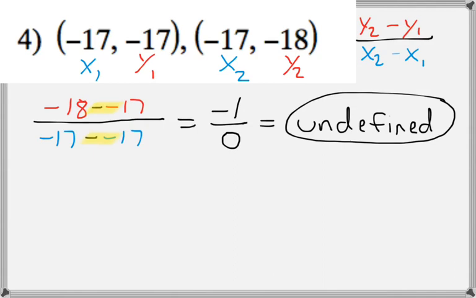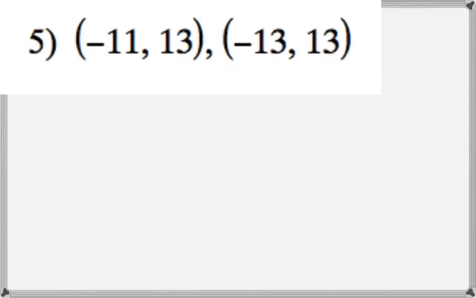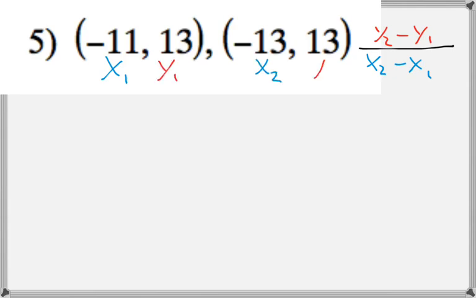Let's look at one last example. We want to find the slope between these 2 points. Following the same steps, we're still going to take our y2 minus our y1, and we're going to divide all of that with our x2 minus x1. Label our points. Here is x1, here is x2, here is y1, and here is y2.